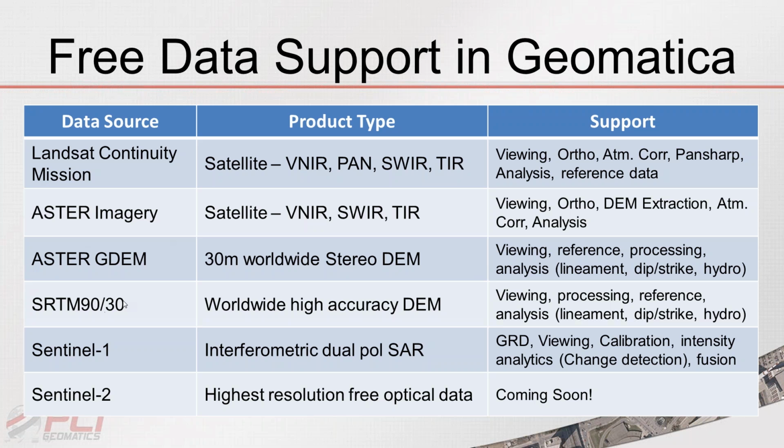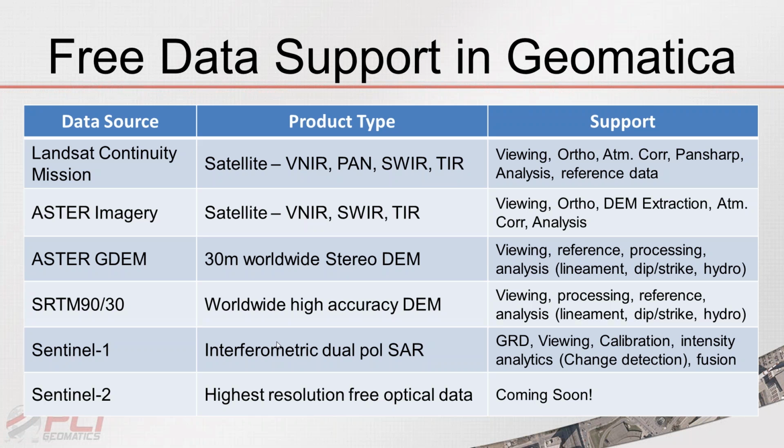The SRTM 90 and 30 is also a very popular digital elevation model source. Now that the 30-meter DEMs are becoming more widely available worldwide, this is becoming a very, very popular source for elevation modeling.